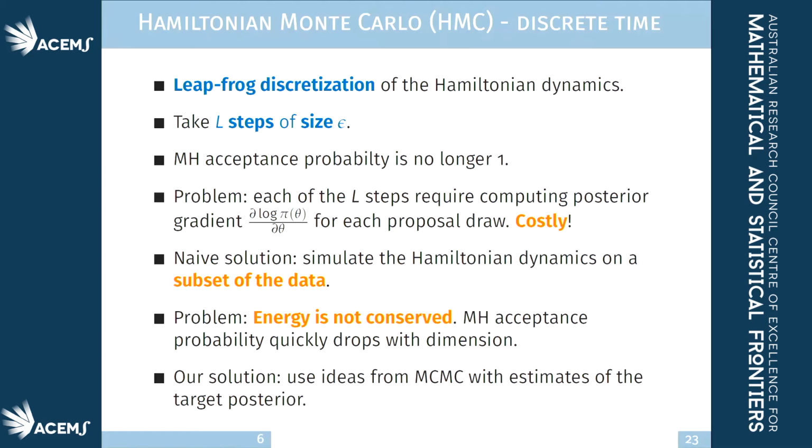Now the problem is that in doing that, and people have done that, you'll get a terrible acceptance probability, because the likelihoods in the Metropolis-Hastings are not going to be the same as the likelihoods in the small sample that you're using to get the derivatives.